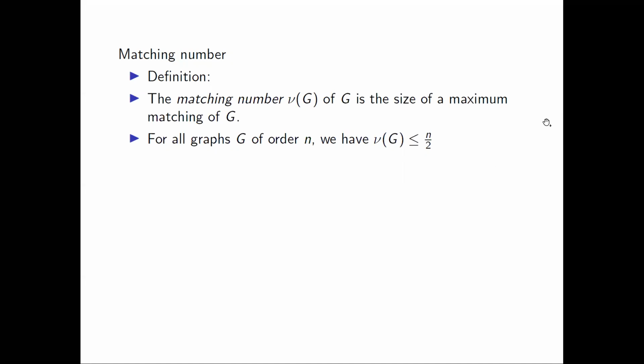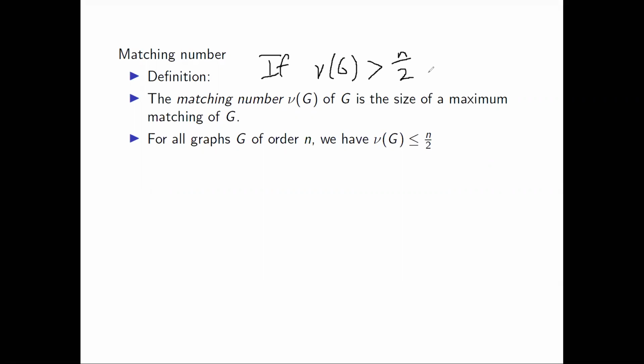And that's because we cannot go over n over 2 edges with no vertices in common in a graph of order n. So if nu of G was greater than n over 2, all the edges being disjoint, that implies that there are over n vertices in the graph.